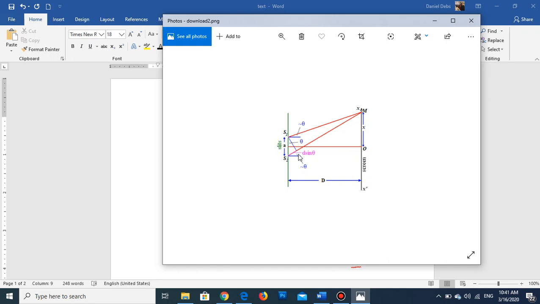So M is after N. Thus, I must be equal to xm minus xn. It is (k plus 1) lambda d over a minus k lambda d over a. Then it is equal to lambda d over a. This is the interfringe that separates two consecutive fringes of the same nature. So I is the distance from this point to that point, or from this point to that point. This is I.